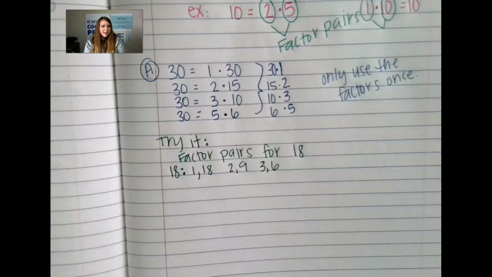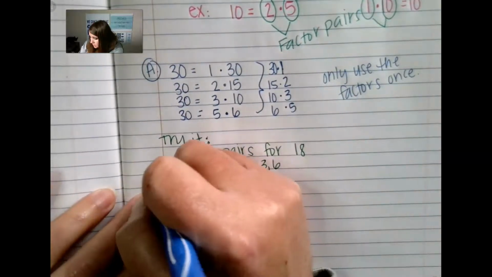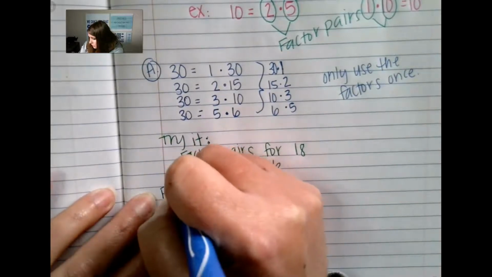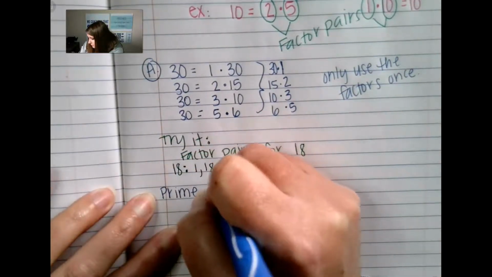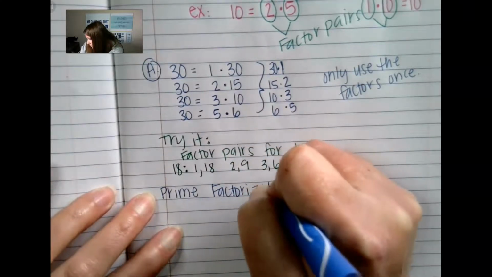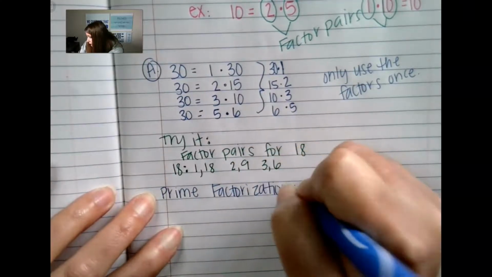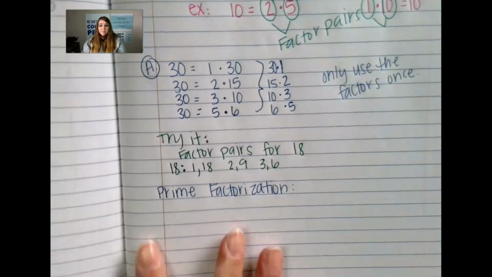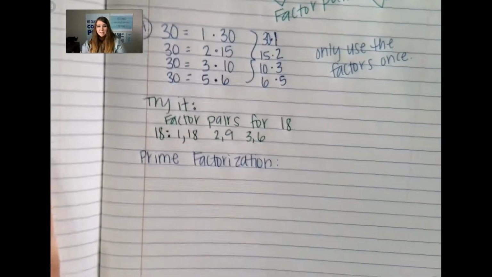Let's go to our next idea. Our next idea that we're going to look at is called prime factorization. Prime factorization has a clue in it for what it means.